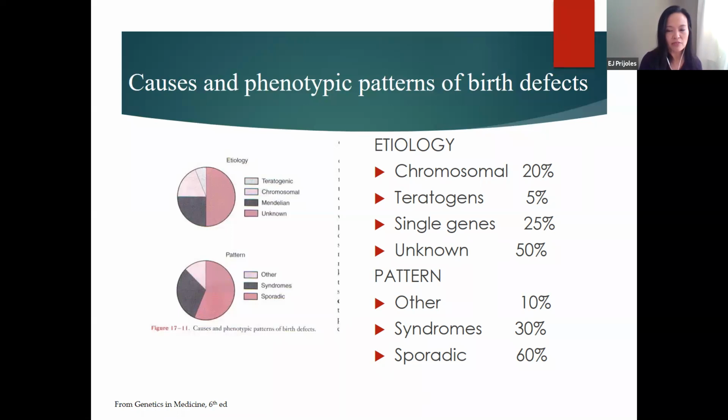Approximately 20% have a chromosomal cause, 5% may be caused by a teratogen, and 25% may be related to a single gene disorder. And so the pattern, again, can be sporadic, just by chance this occurred in an individual, can be part of a syndrome or other kind of pattern, like a multifactorial pattern.